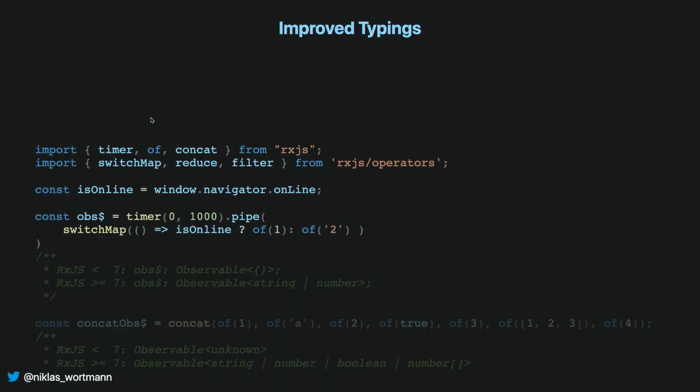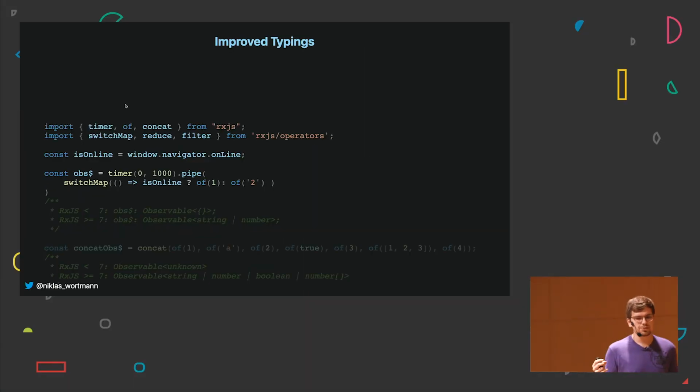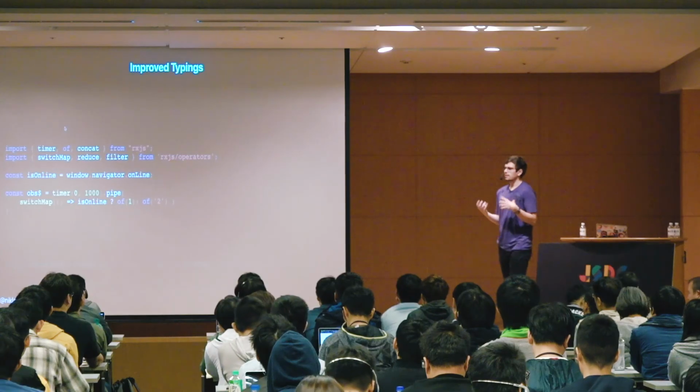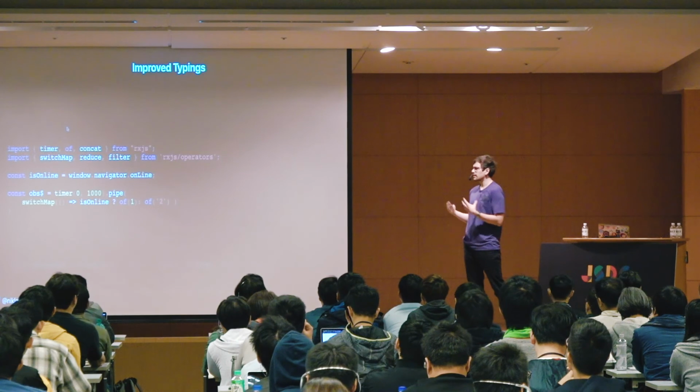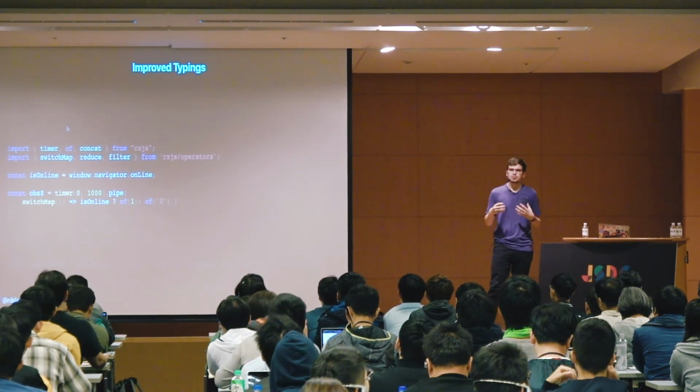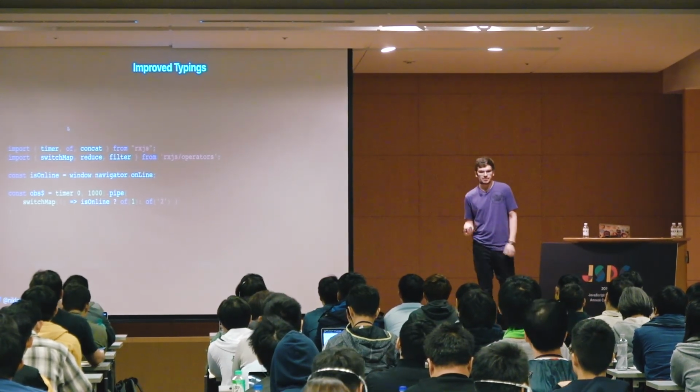I think with RxJS 6.4 or something like that, we introduced a feature for when you're using switchMap with a conditional, so that you're saying, okay, if something is there, return that observable, otherwise return another observable, and those two observables were of a different type. Before that, we weren't able to estimate which type it was.